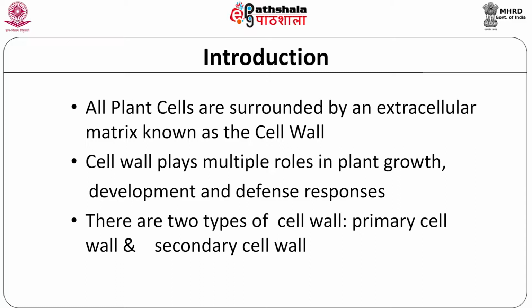Primary cell walls are deposited during active growth and are relatively unspecialized, whereas secondary cell walls are formed after the cell growth during differentiation. The cell wall is permeated by small membrane-lined channels called plasmodesmata.